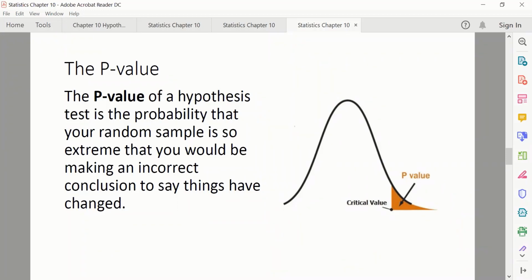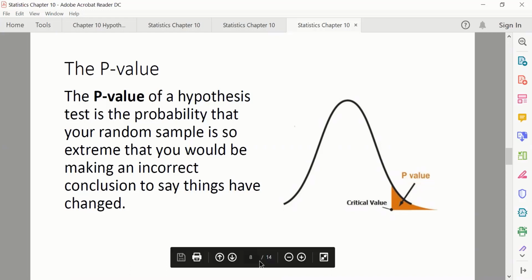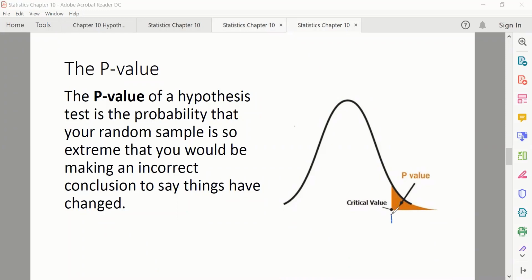And you don't want to be wrong. So it's just based on your sample and your test, you would land here with either your p hat or your x bar. And that defines this p-value.